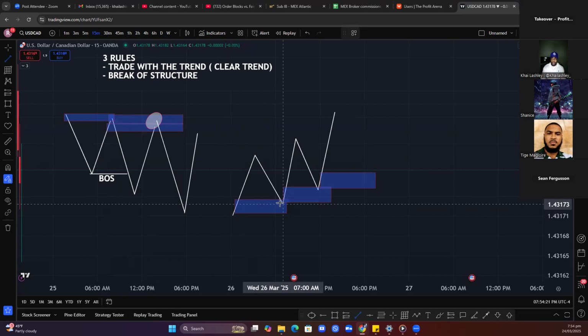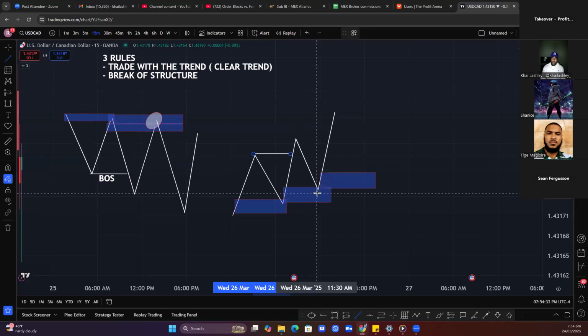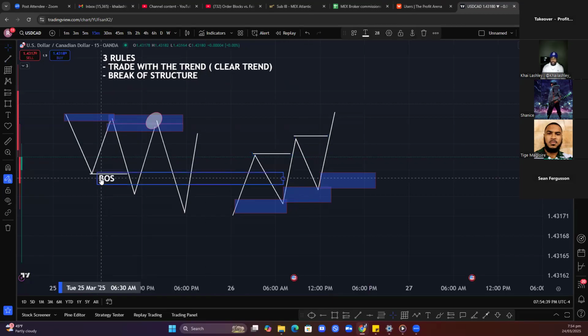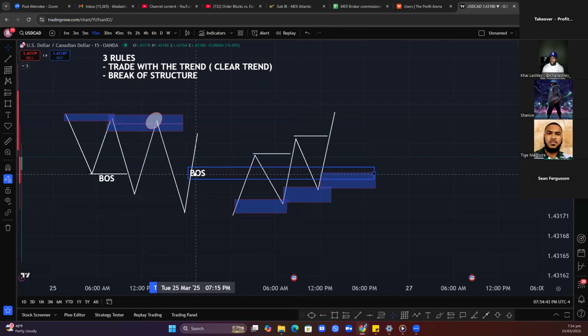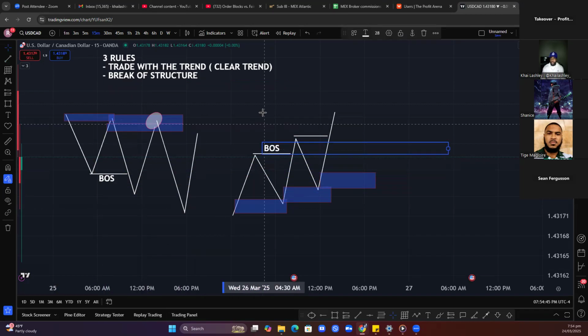Any low that breaks a high is considered to be a strong low. Any low that breaks a high, which gives us this break of structure, guys, is considered to be a strong low.